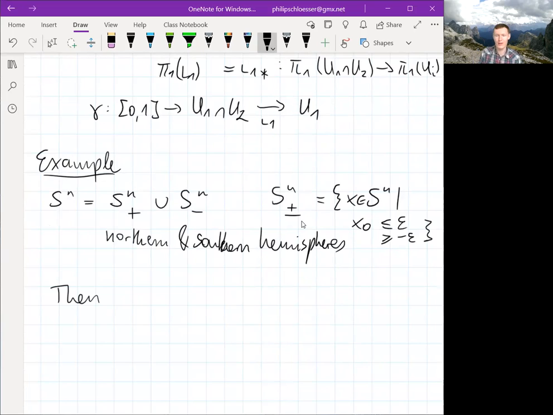Then we can sort of flatten those hemispheres, so they are homotopy equivalent to the n-1 disk, which is just the points in R^(n-1) whose norm is smaller than or equal to 1.